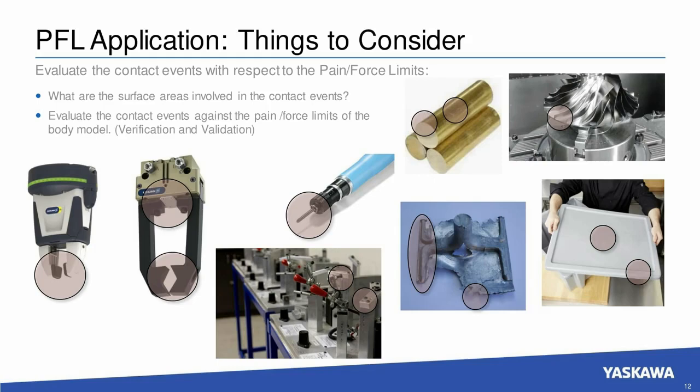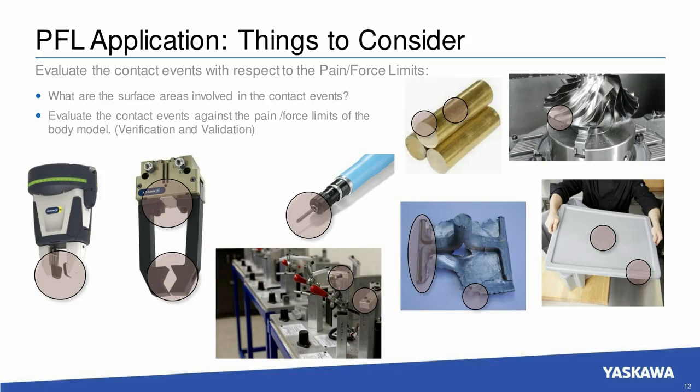And another thing to consider that a lot of people don't, because they assume that because it's a power and force limited robot, everything is safe. Well, let's say my tooling is safe and my part is safe, but I've got locating pins on my fixtures or sharp edges on clamps, and I'm evaluating whether an operator's hand is in the way, and I'm looking at this as a quasi-static clamping situation.